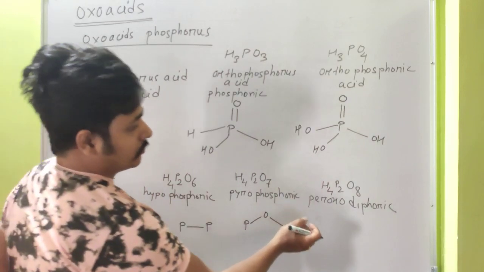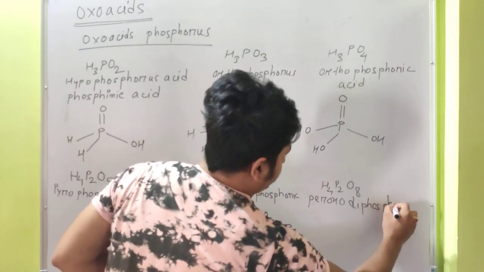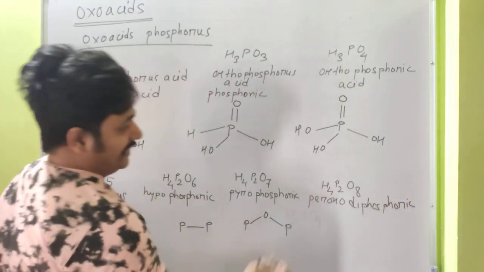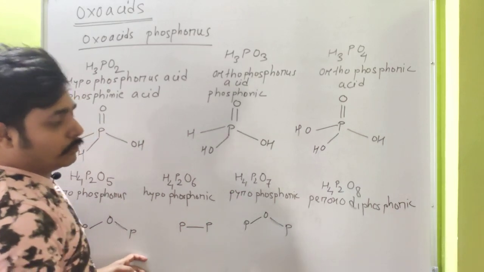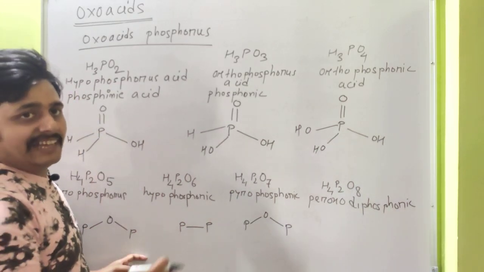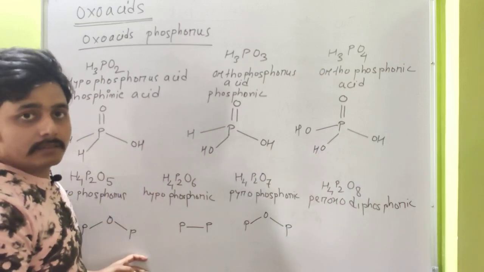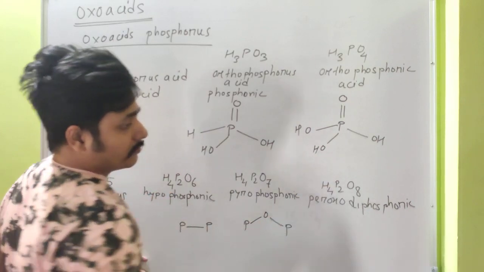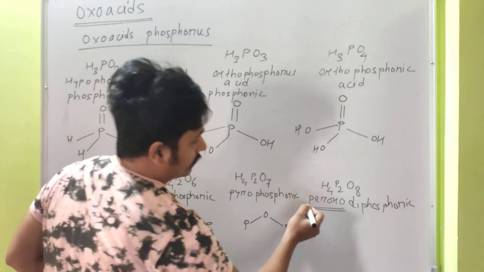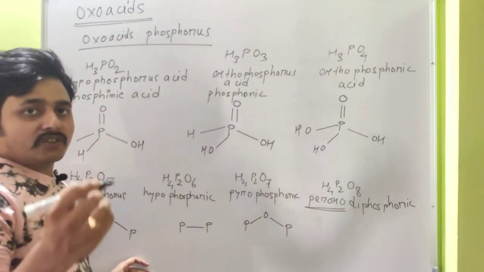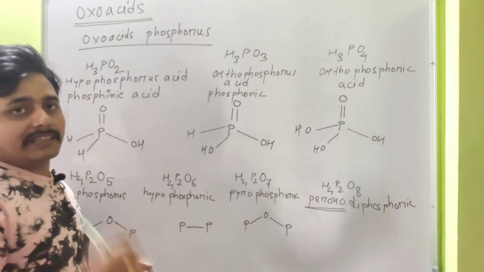In this case, even number of oxygens, but this structure is different from these compounds. Look at the name, sorry, the spelling is wrong, phosphoric. In this case we don't have a P-P link, even though the number of oxygens is even, because this compound is peroxodiphosphoric acid, peroxo. In case of a peroxo compound, there is always a peroxide link.